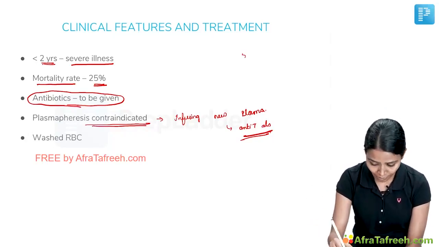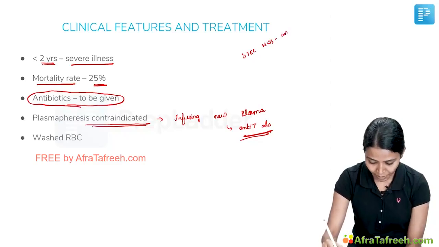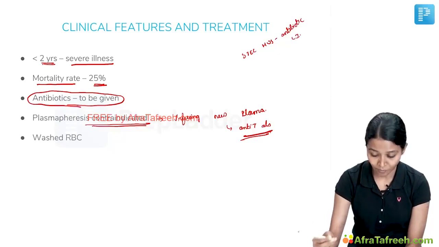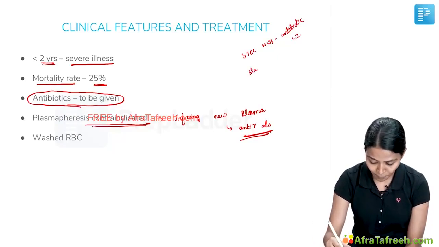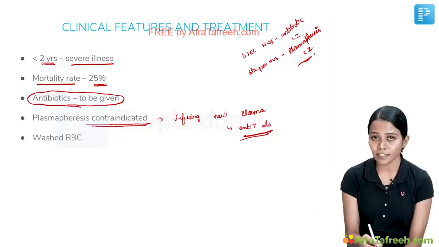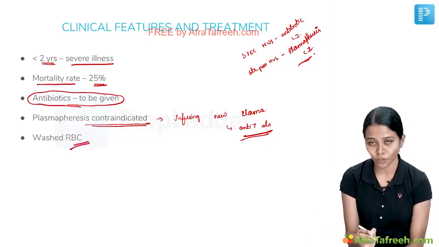So, we saw that in STEC-HUS, antibiotic was contraindicated, whereas in Streptococcus pneumoniae HUS, plasmapheresis is contraindicated.